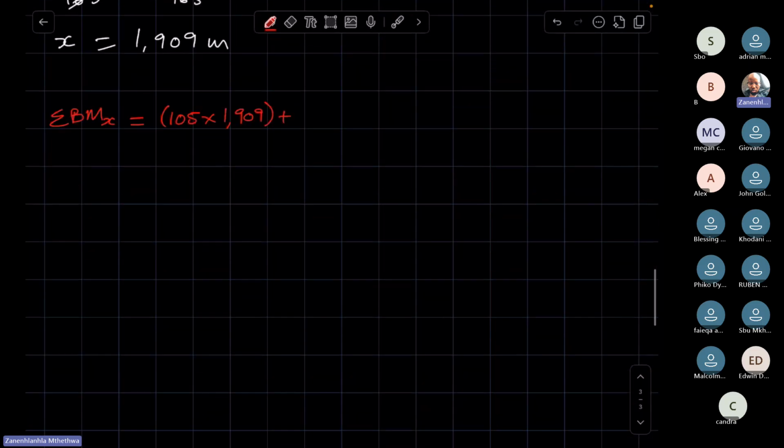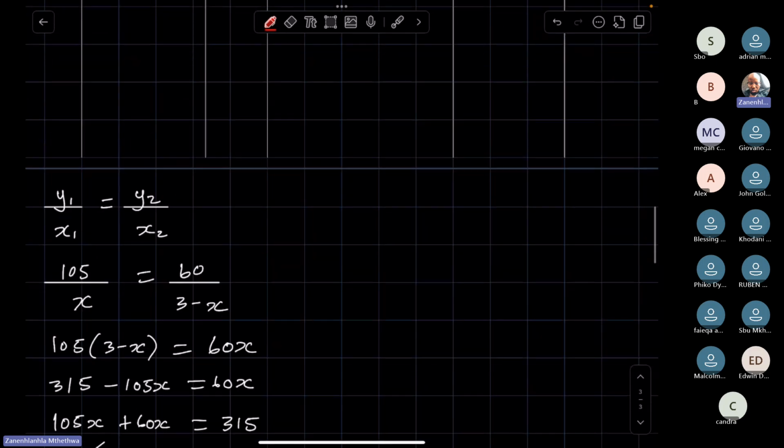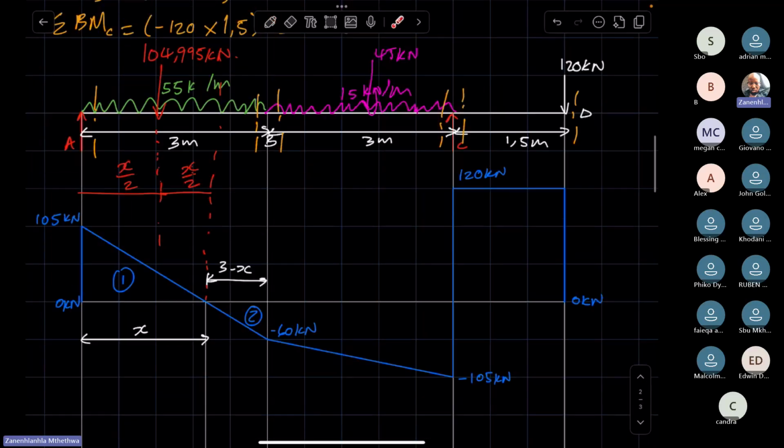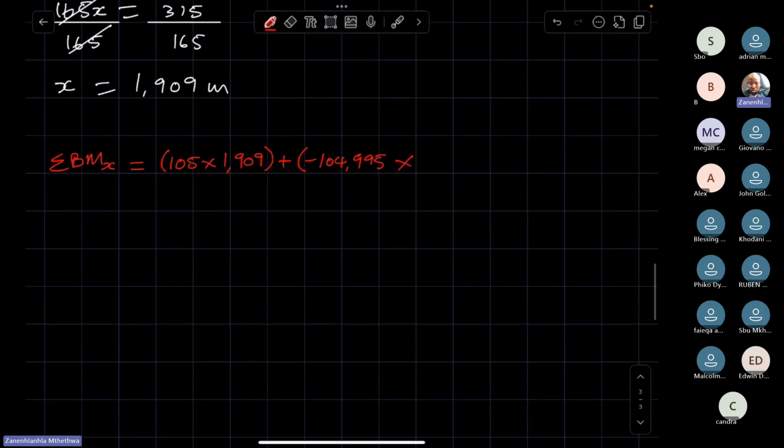So meaning that we know the weight is headed downward, so we take that as negative 104.995 multiplied by the distance from where the weight is acting, which is at half of this span, to where we have a critical point. So times x over 2. X is 1.909 divided by 2.